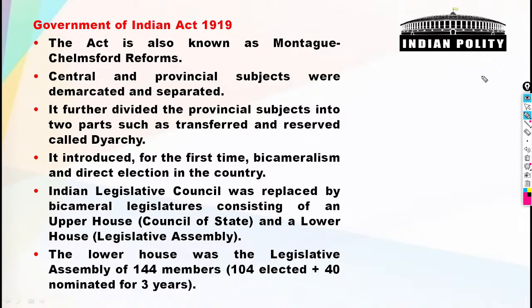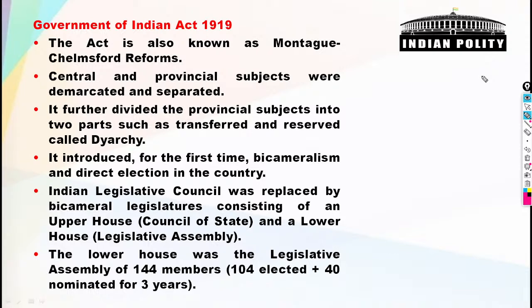Various home rule leagues were set up in different parts of the country, especially by Tilak at Pune and Annie Besant at Adyar, Madras. In view of the growing home rule demand and discontentment among the leaders, the British government responded positively and announced its future policy towards India in a statement on August 20, 1917.